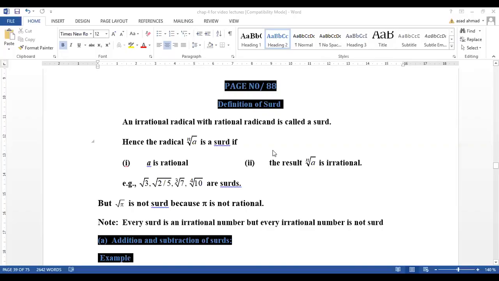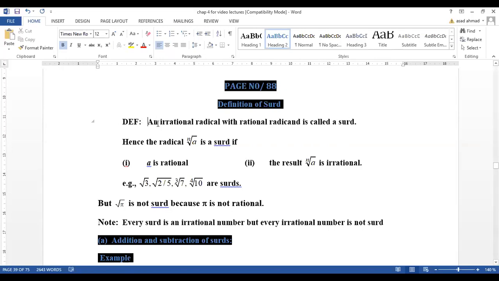Fine. Now I have explained each part one by one on the pages. Now come back to the definition which is written. Now read with me, an irrational radical. Now listen to me, because this is about the definition. I hope that you can see the Microsoft Word page now. This is the definition.